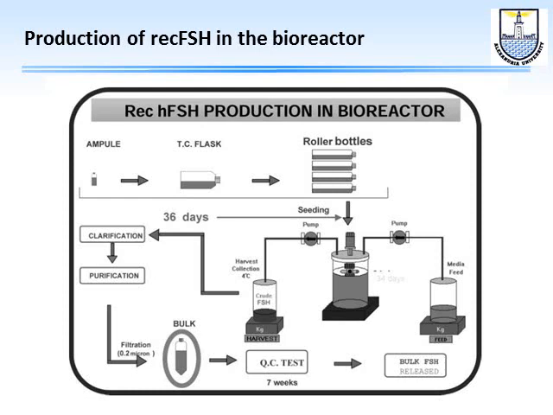The DNA of these cells is manipulated in order to produce FSH, and then you give it the required ingredients, and at the end of the day you collect your recombinant FSH, as you can see from this diagram.